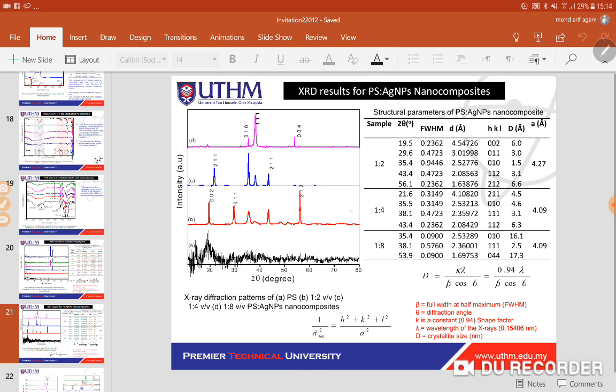Now if we put argentum nanoparticles, we can see that they are very interesting.